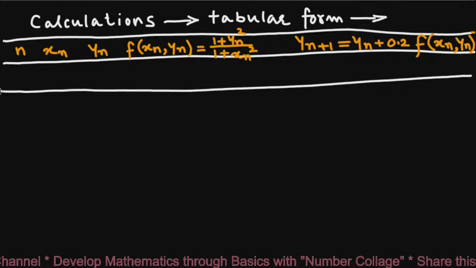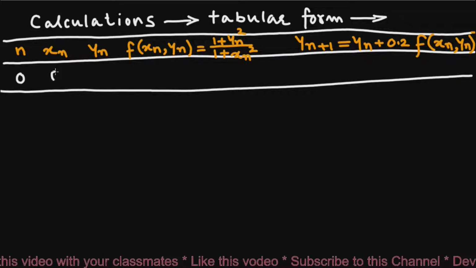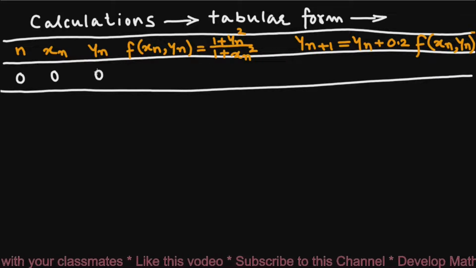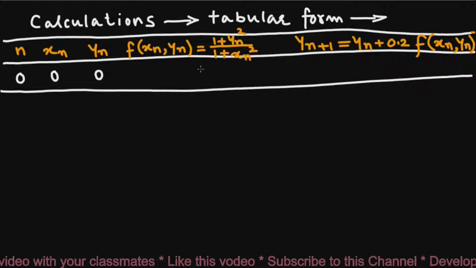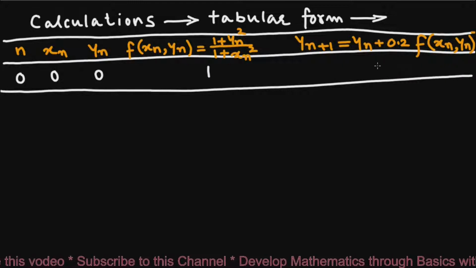Now in the first row, when n is 0, xn is 0, yn is 0, f of xn yn will be 1, and so yn plus 1 will be 0.2.